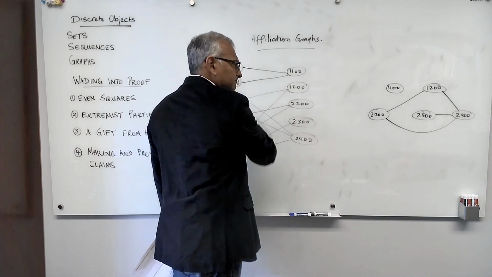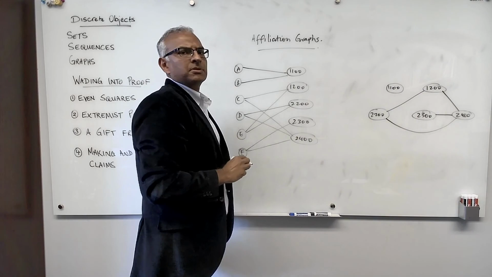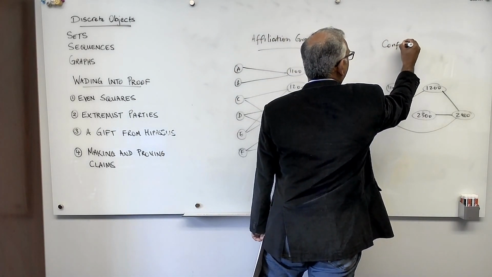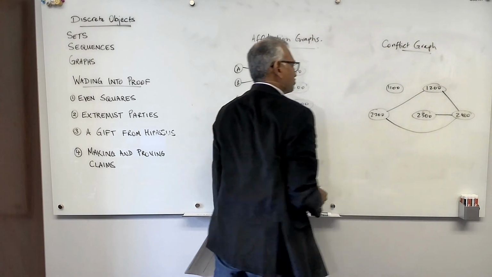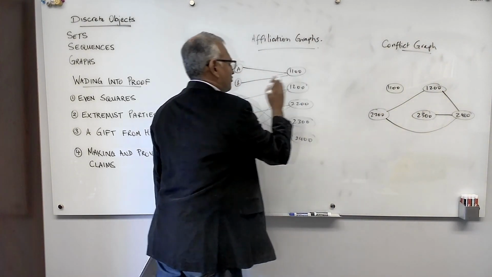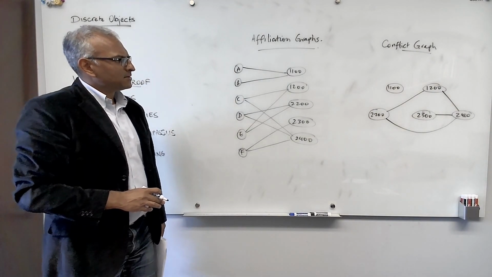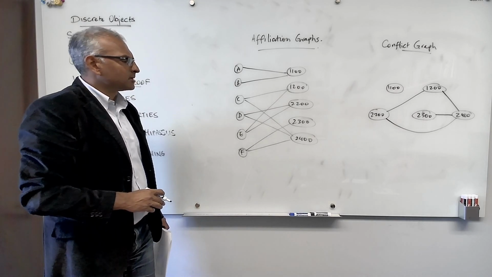And so this graph, which represents a conflict relationship between the courses, is called a conflict graph. And this just shows you that you can derive one graph from some other graph. No surprise that it's called a conflict graph. Good.